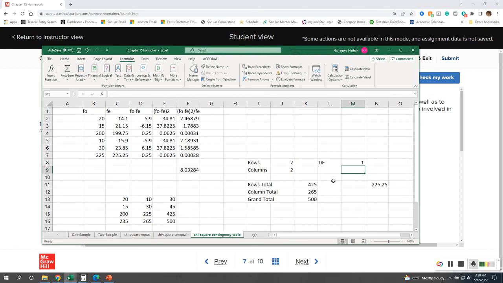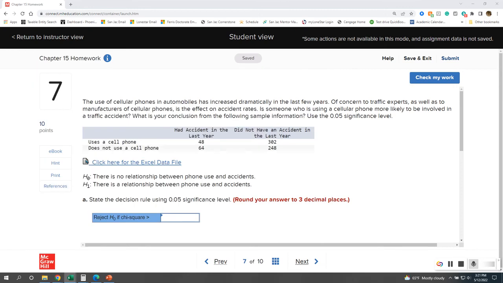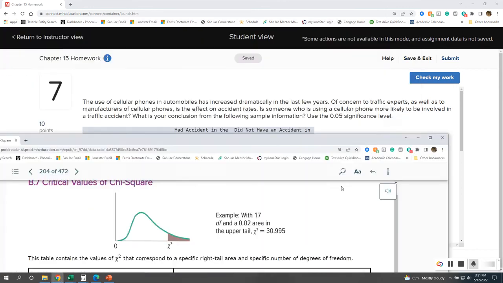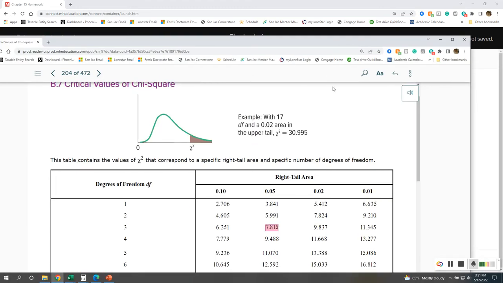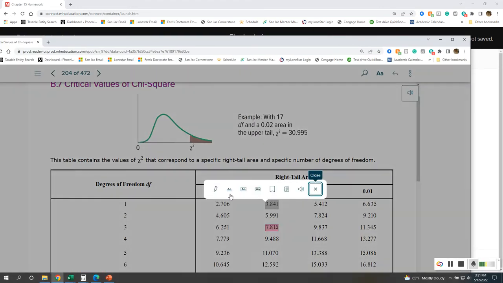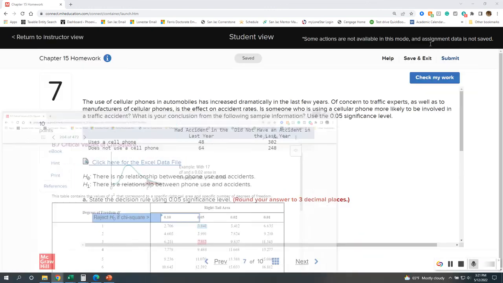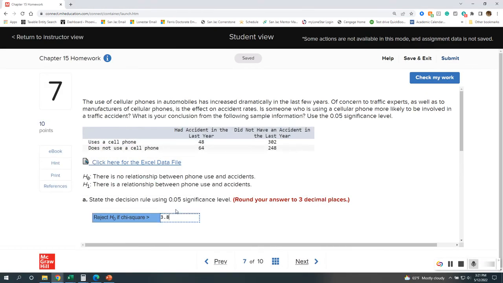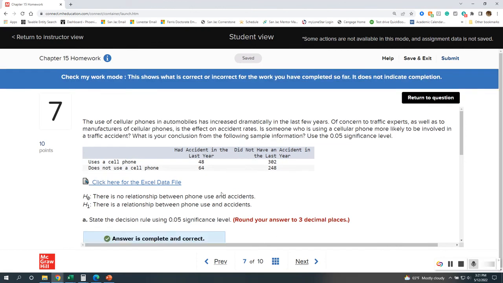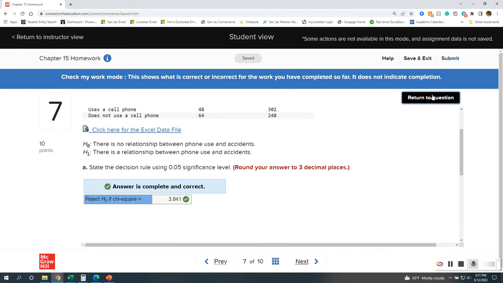There we go. So, we do know degrees of freedom is 1. So again, on our chi, we're using 0.05 and we're using 1. So it is 3.841. Okay, check. It is correct.